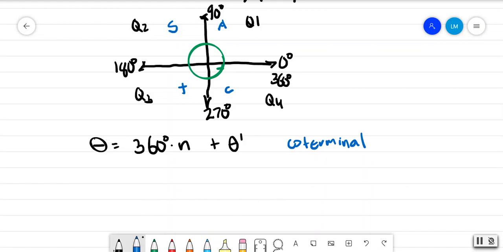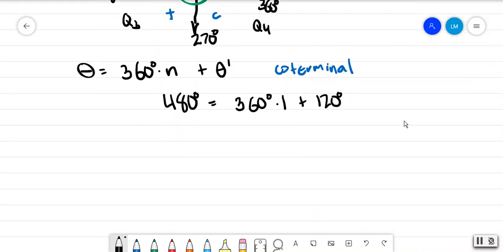So think of it like this. What if you had 480 degrees? One way you can think of this is that I can rewrite this as 360 degrees times 1 plus 120. What the 1 is telling you is that you went around one whole time.